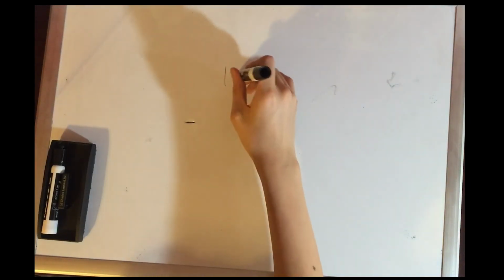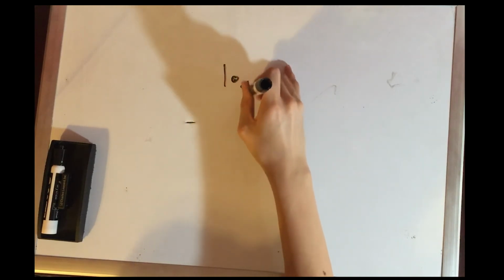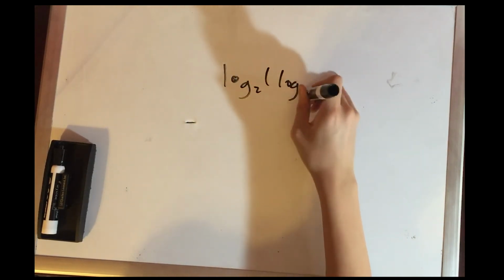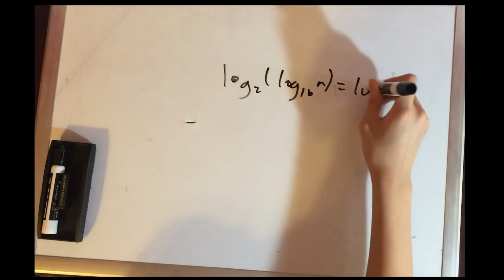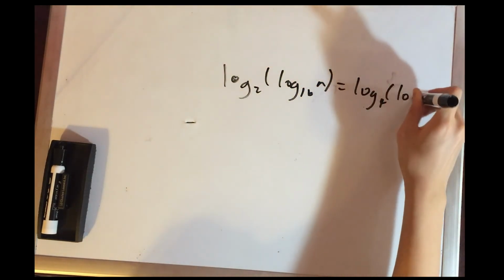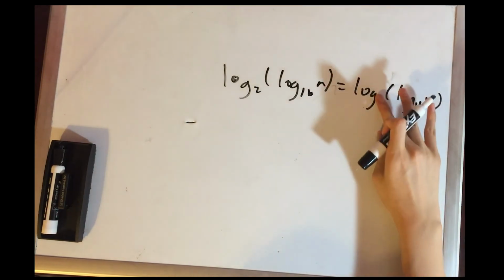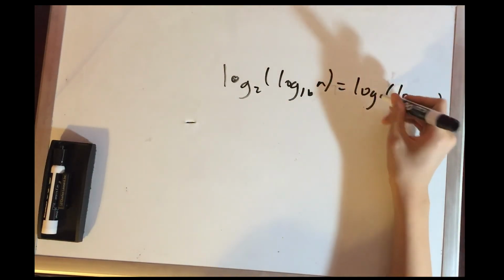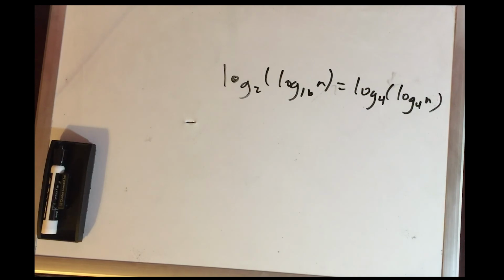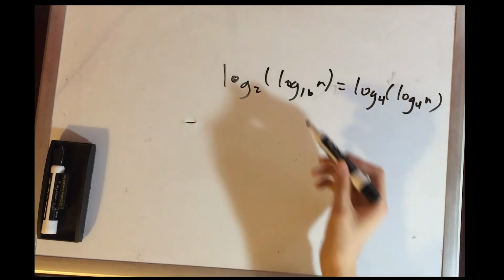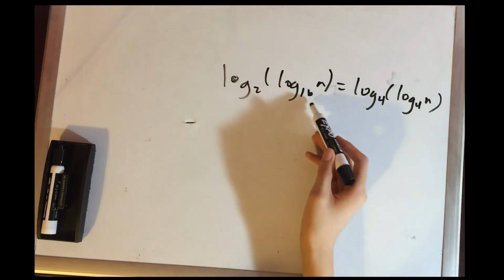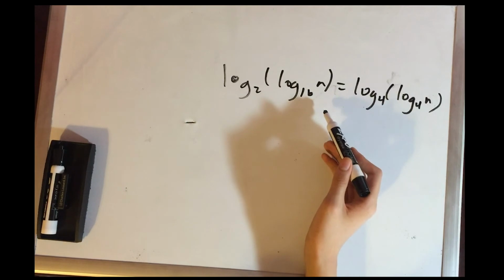I'll write this equation down first. We have log 2 of log 16 of n equals log 4 of log 4 of n. One thing we can notice about this equation is that all the bases are powers of 2. So we can utilize this by converting all of these bases to 2.